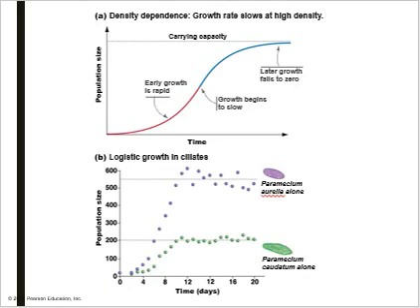So in a hypothetical population, density-dependent growth has 3 distinct stages. As I talked about before, initially the growth is exponential, right? Your r value is constant, so you have this rapid growth that occurs as individuals start accessing those nutrients.